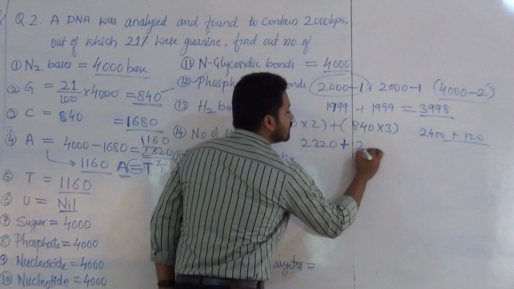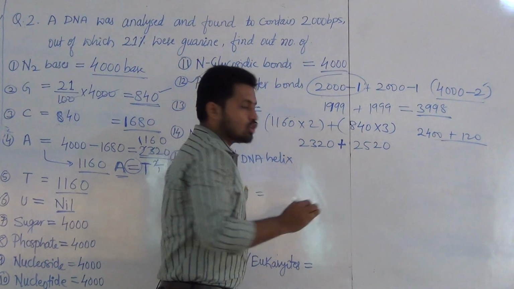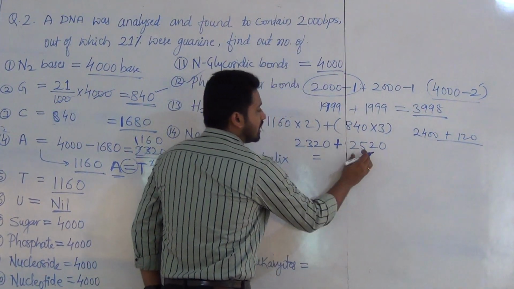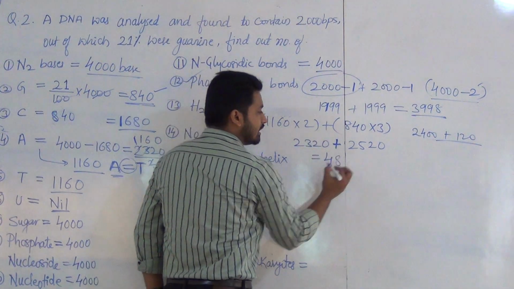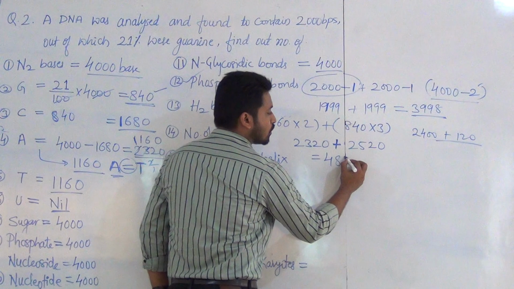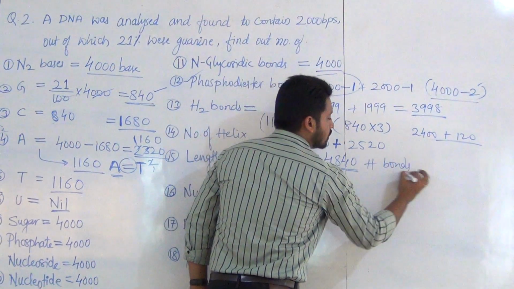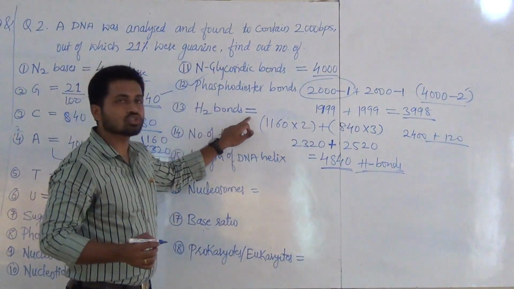What will it be? That is 2520. Okay, so how many hydrogen bonds total? 2320 plus 2520, that is 4840 hydrogen bonds. Very easy it is. Okay, number of hydrogen bonds.